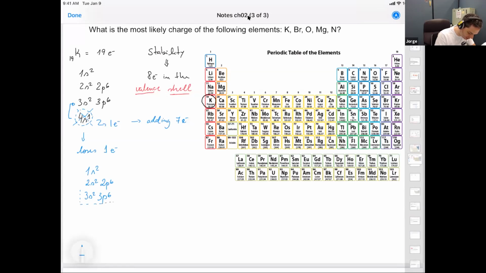Look at that. Now we have 8 electrons in the valence shell. We achieved stability. To achieve stability, we had to lose one electron. Therefore, potassium is no longer neutral. Potassium now has a charge of 1 plus, and that's how we are going to symbolize that.